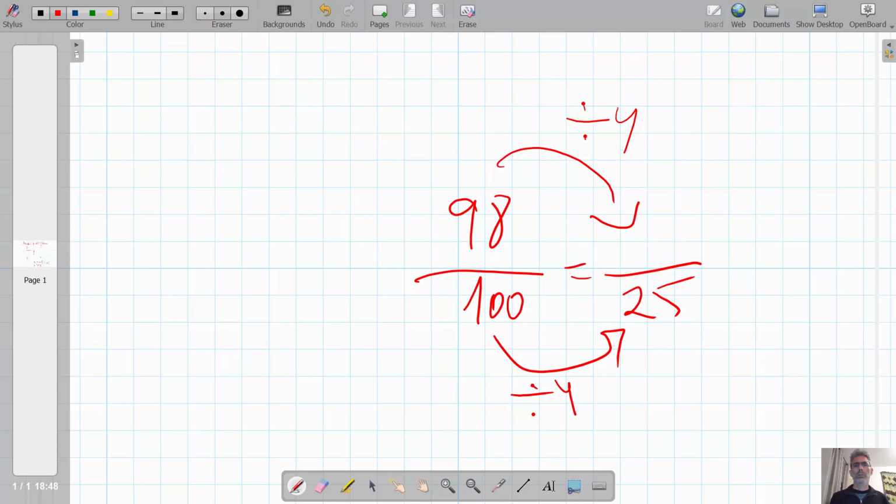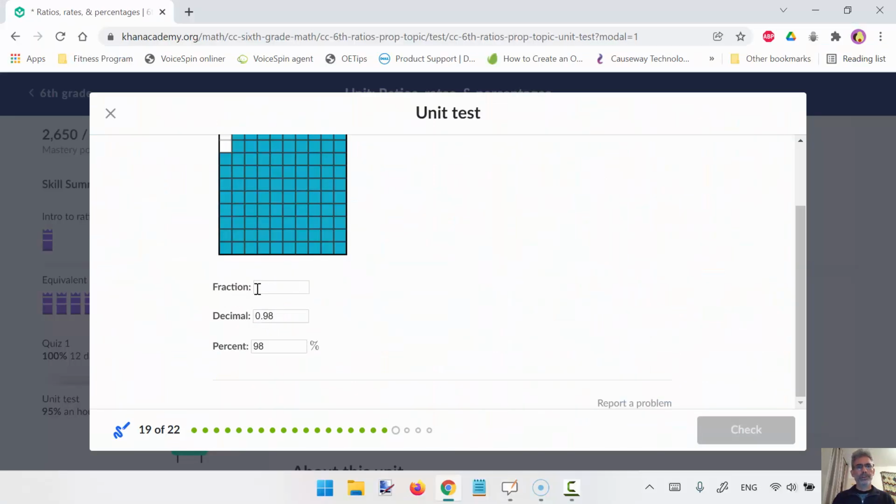No, not without a remainder. So we divide by 2, and we get 49 over 50.